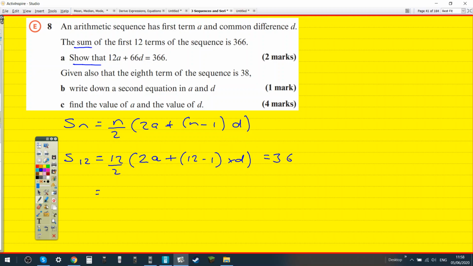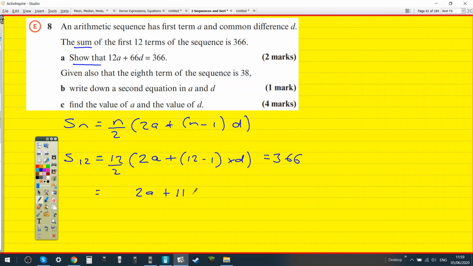Yep. And so do I need to expand all the brackets here? Yep. So I would get 2a plus 12d minus d, all times 12 over 2.